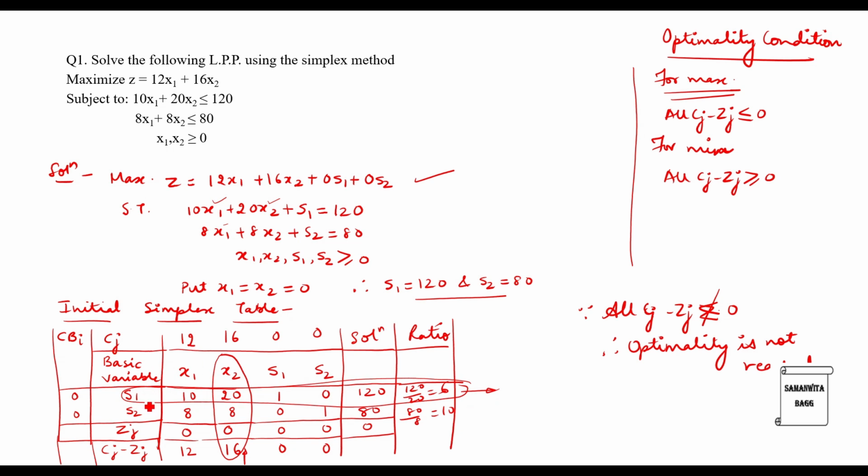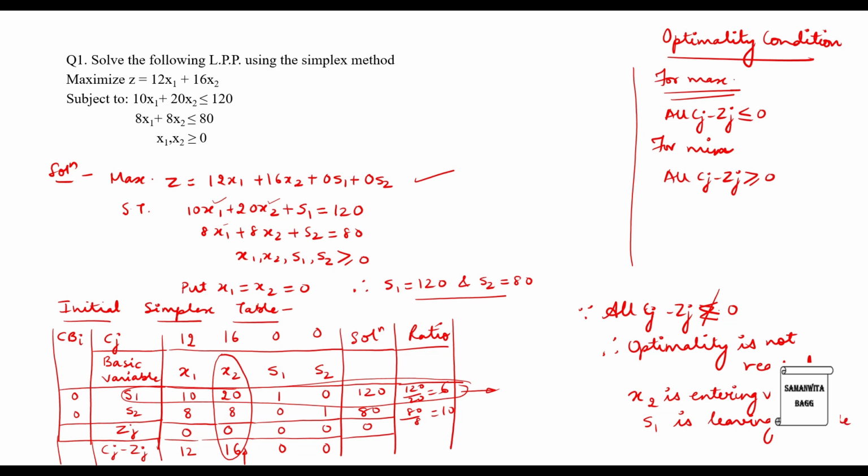X2 will be written here in place of S1 in the next table. So we will write here X2 is the entering variable and S1 is the leaving variable.